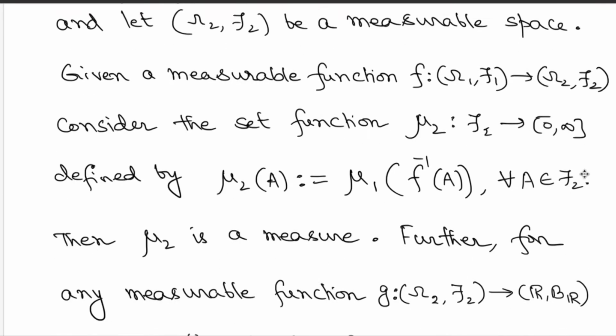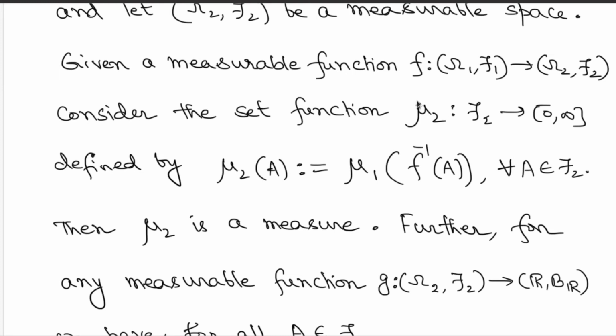Now you are going to construct a set function, call it mu2, on script F2, which is on the range side. This should be a set function taking values between 0 and infinity, infinity included. We define it through the pre-images of all arbitrary sets on the range side under the function f.